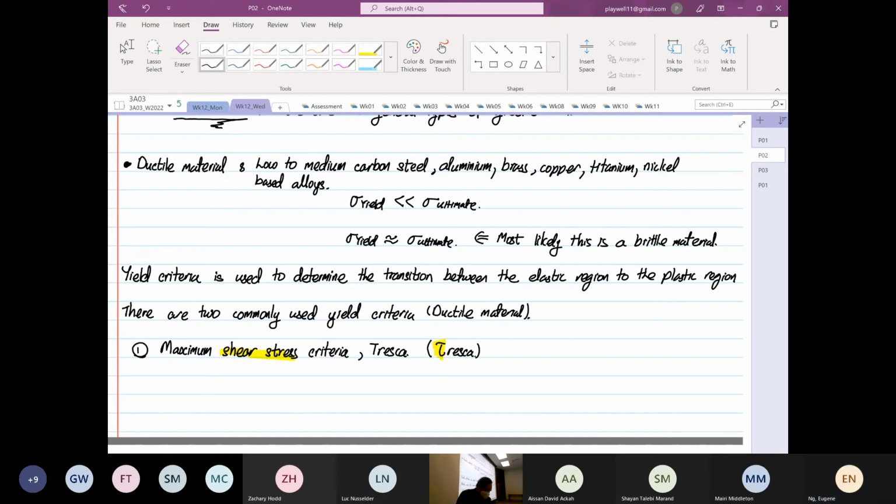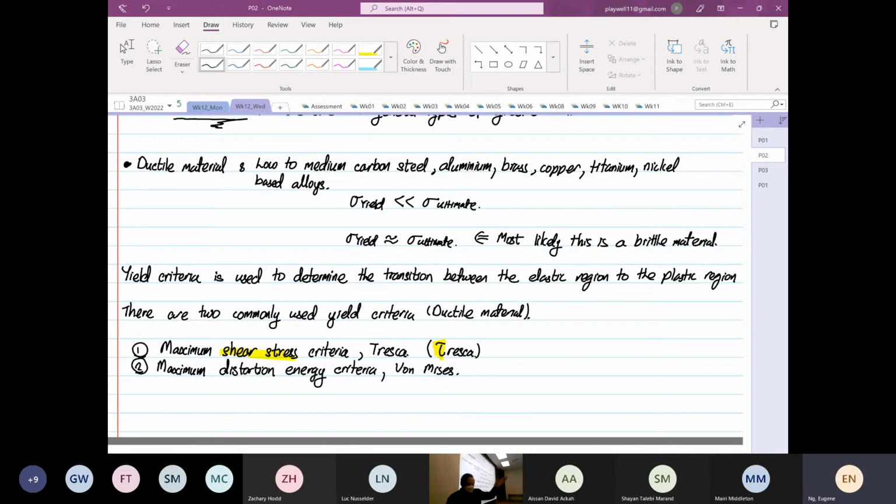Okay. So the other one is known as the maximum distortion energy criteria. And this is known as von Mises. Von Mises, I'm just able to remember.